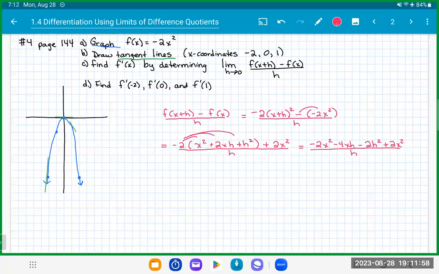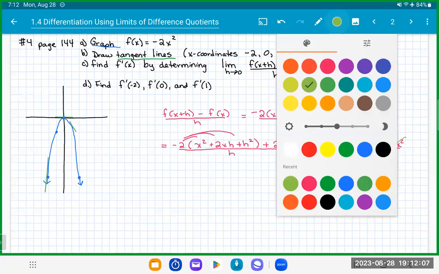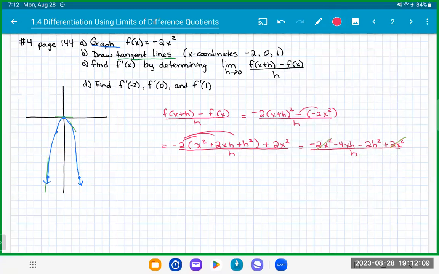Okay. Now we can see that we have a positive 2x squared and a negative 2x squared that cancel. We can also see that in our numerator, both terms have an h in them. So let's go ahead and factor an h out of both terms. If I factor an h out of the negative 4xh, it's going to leave me with the negative 4x.